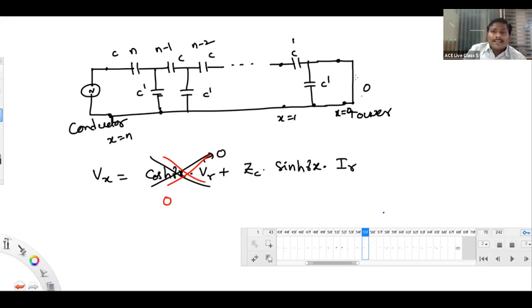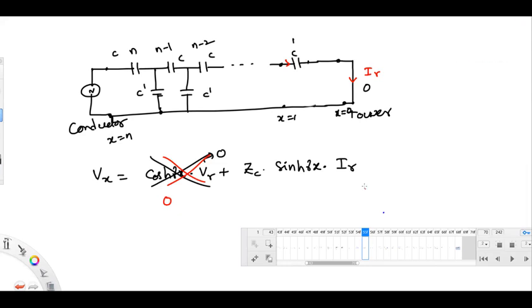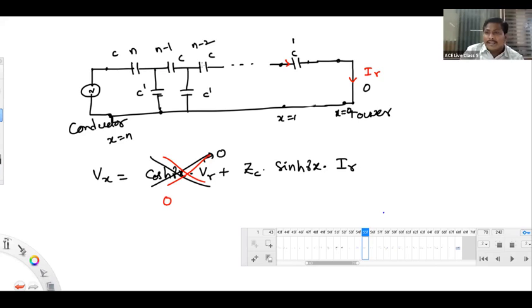IR is this current, the last current, we should consider. This last capacitance may not exist because of short. Getting? Yes, sir. So by using this equation, it is possible to find voltage at any point x. That's one way of getting it.